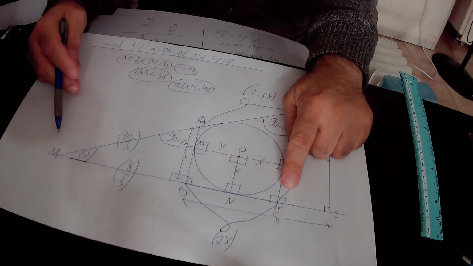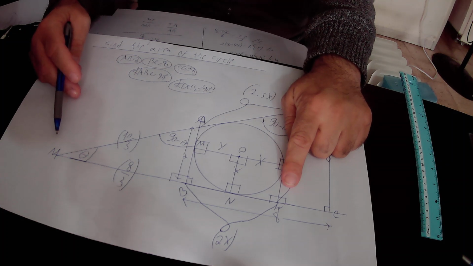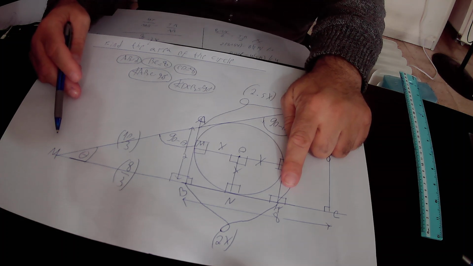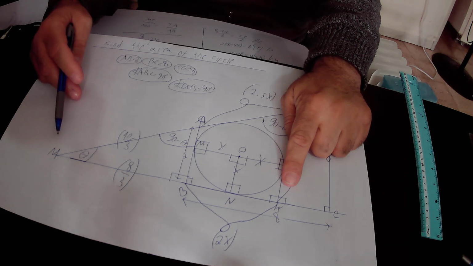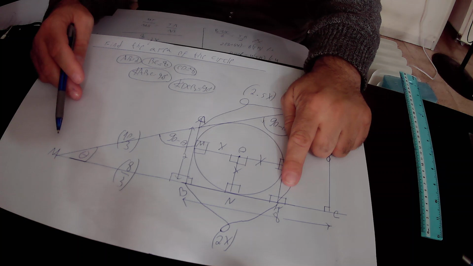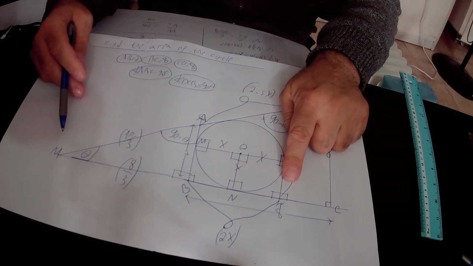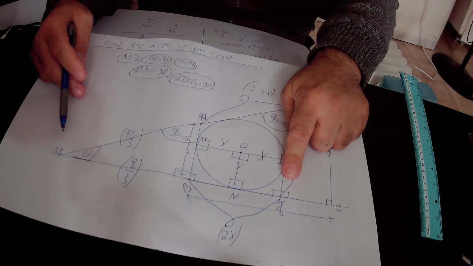MT, from the drawing, it is very easy to see that MT is equal to MB plus BK. That is to say, MT equals MB, that is 8 over 3, plus BK, that is 2x. So in total, it is actually MK.